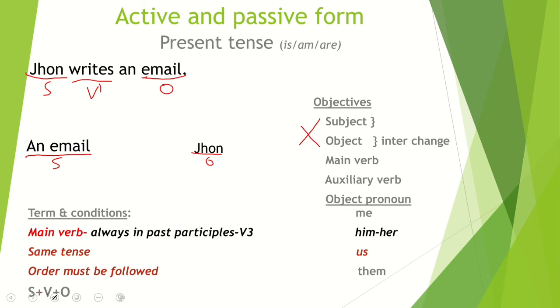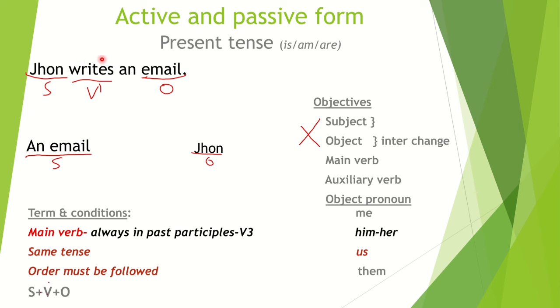Now come to our main topic, that is the main verb. So what is our main verb over here? Write. Okay, write is our main verb and I have written here S. Why? Because John is the singular subject. John is the singular subject means we should add S with our verb.